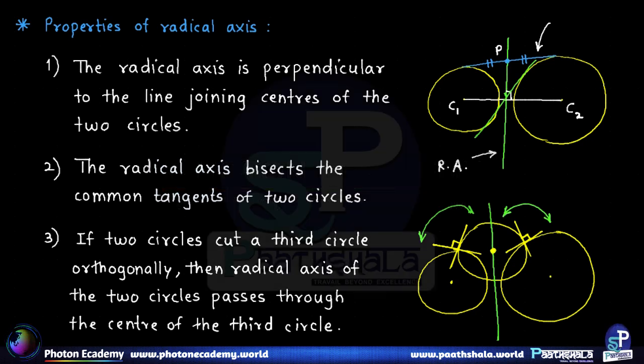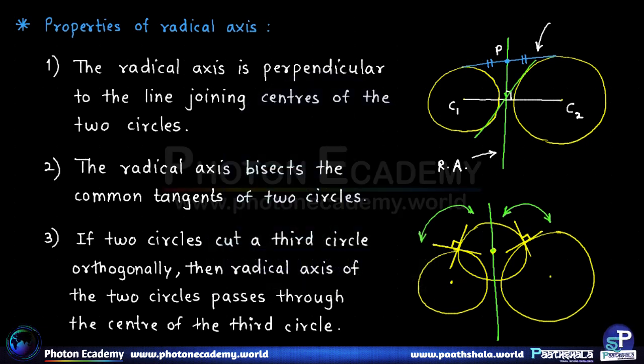So whatever is the radical axis of the first two circles will pass through the center of the third circle. It can be stated in different words too: the locus of the center of the circle which is orthogonally intersected by the two circles forms the radical axis.